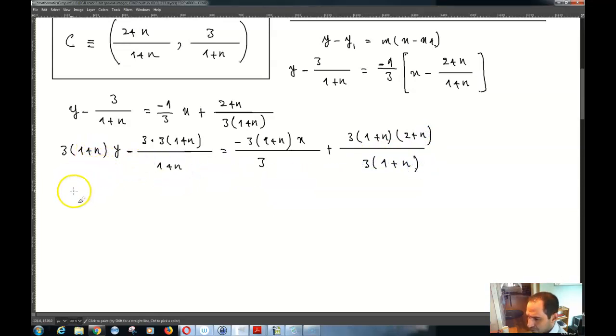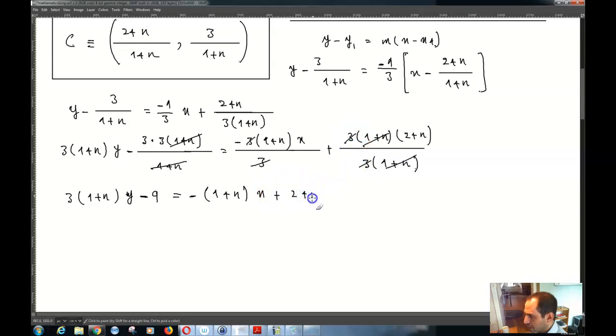So then over here I have 3 times 1 plus n times y, and over here I have negative 9, is equal to, 3 and 3 cancel out, negative 1 plus n times x, and these two will be cancelled out, so you have plus 2 plus n. And this is, by the way, x.